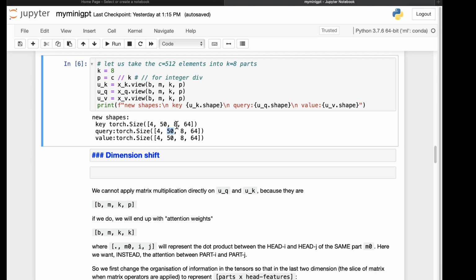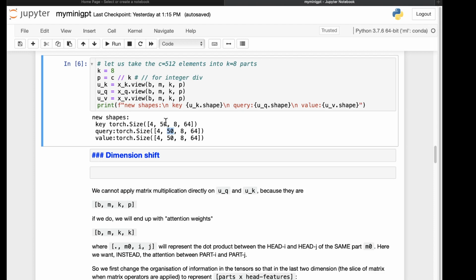Basically, we compute 8 different kinds of attention between these 50 and 50 units in the data. So it is ready. But in the next step, we cannot apply the same kind of matrix multiplication, just as what we have done.